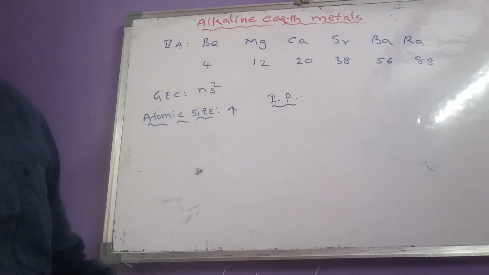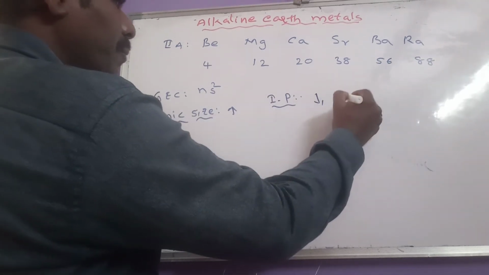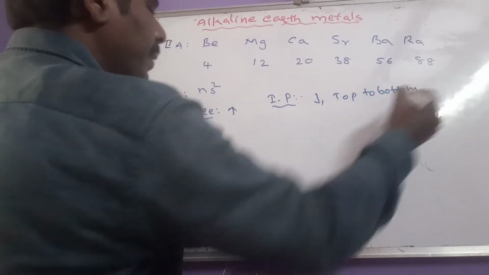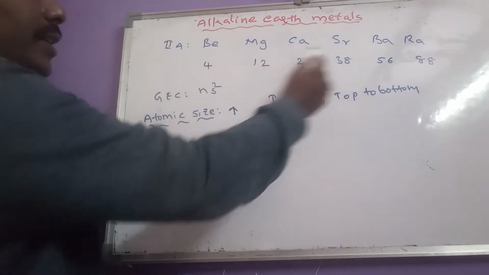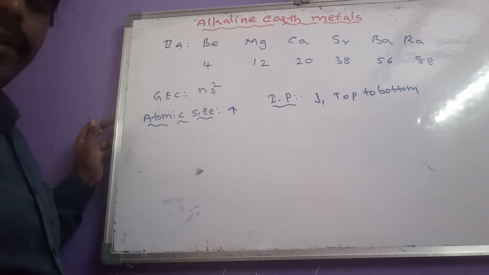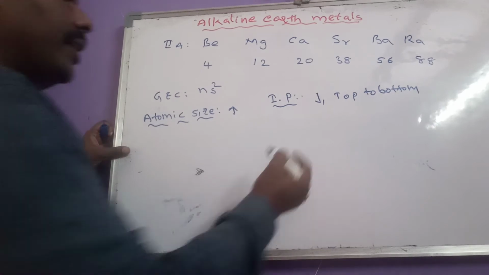So in three parts we have to learn ionization potential. From top to bottom, ionization potential decreases because size increases, nuclear attraction on the outer electron decreases. So as usual IP decreases.